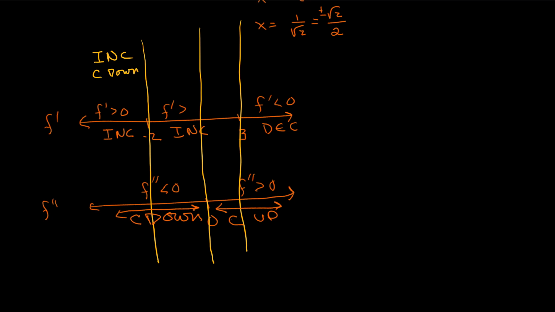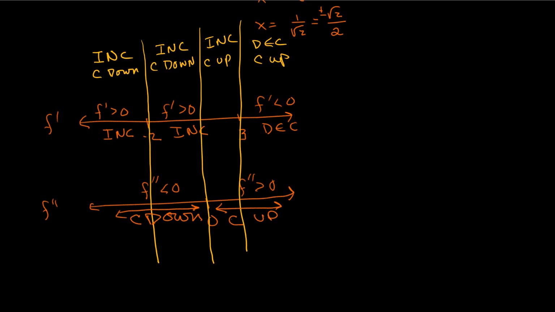On the next interval, notice you're still greater than 0, so it's going to continue to be increasing and it's concave down because between 0 and 2, it's still concave down. On the third panel, it's going to be increasing, but it's now going to be concave up. And on the fourth interval, notice we're now decreasing. We're going to be decreasing and concave up.